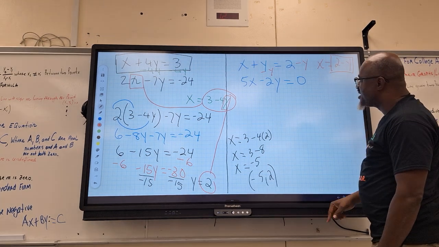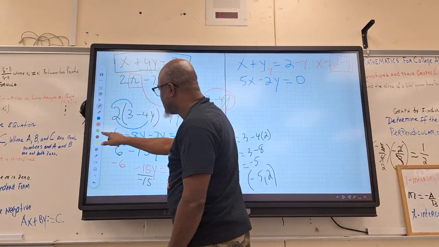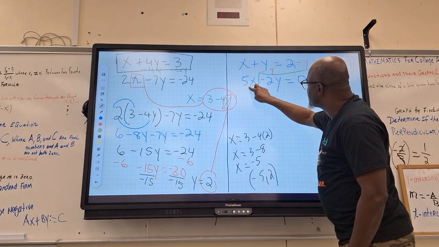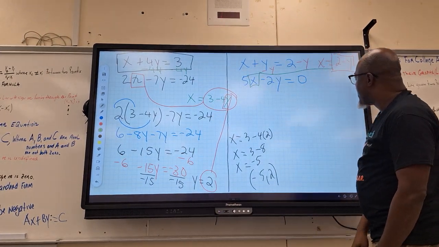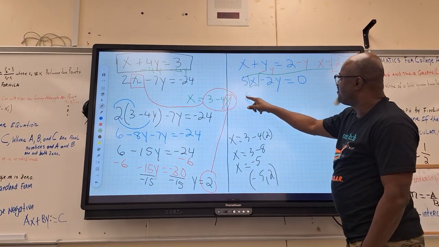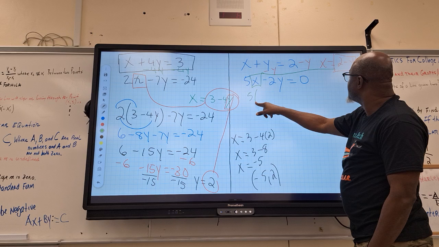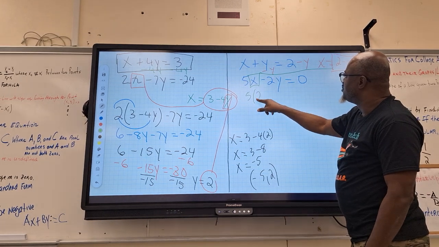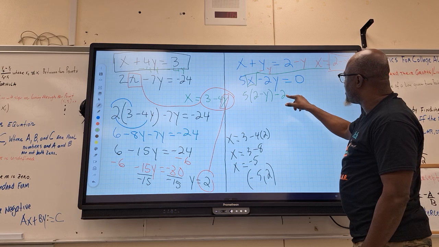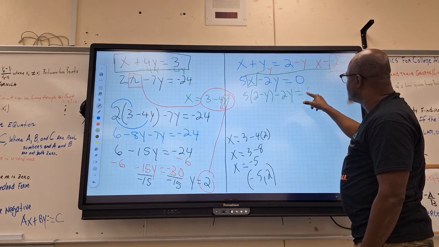I'm going to go to the other equation, wherever I see x, and replace it there. Then now you set up your equation: 5 times (2 minus y), where 2 minus y is the expression that I'm replacing, minus 2y is equal to 0.